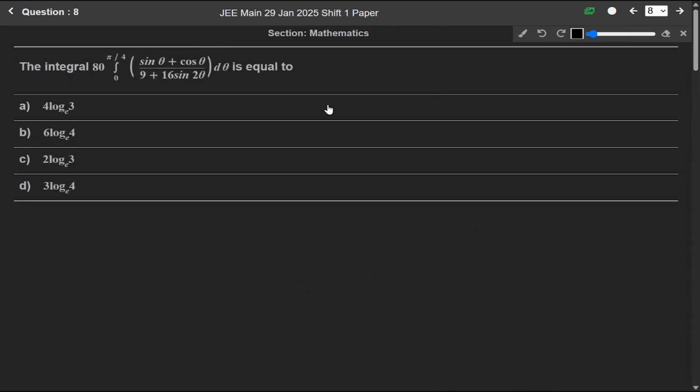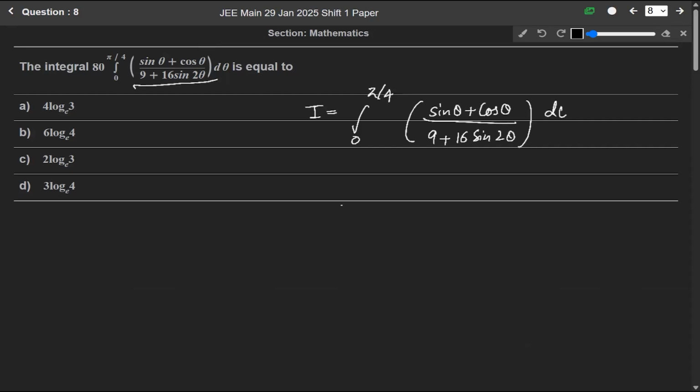Now question 8. The integral from 0 to pi by 4 of this term equals, okay, we have to solve this. So let us say I equals the integral from 0 to pi by 4 of (sin theta plus cos theta) over (9 plus 16 sin 2 theta) d theta. To solve this, let us take sin theta minus cos theta as t.